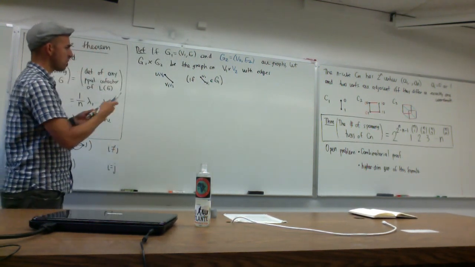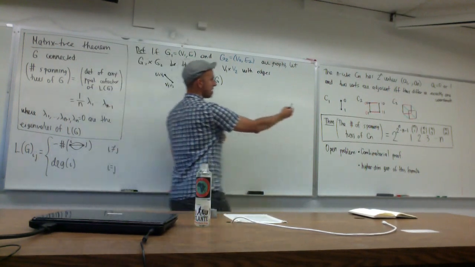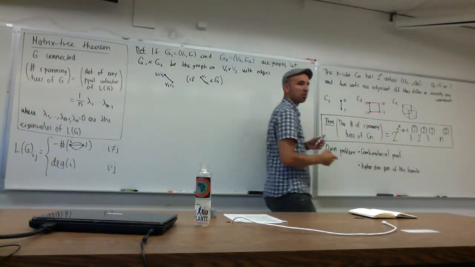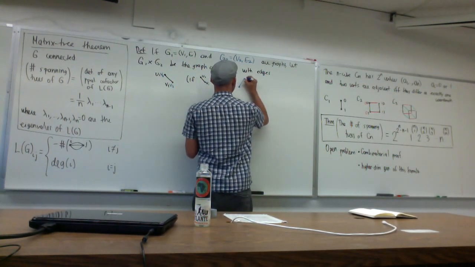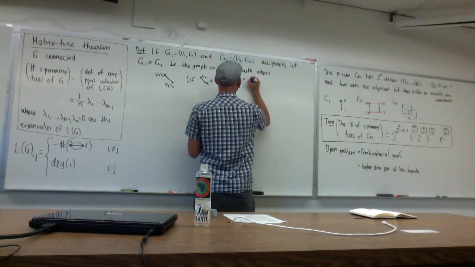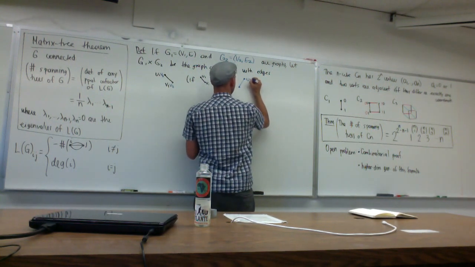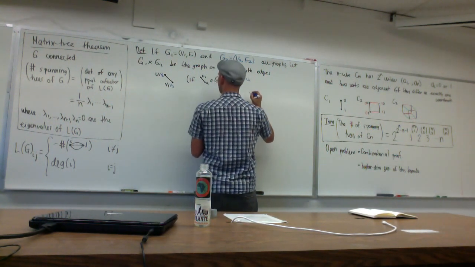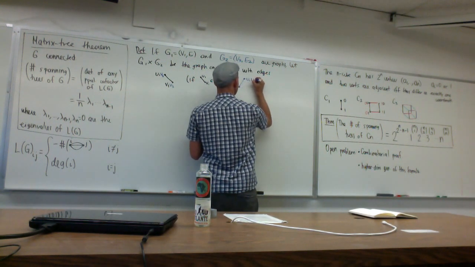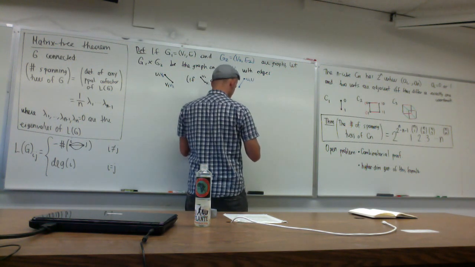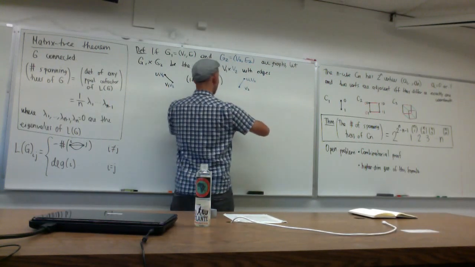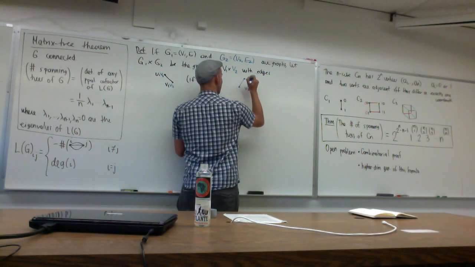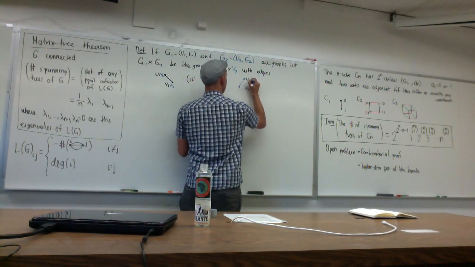And whenever I have a black edge, I get a bunch of copies of that black edge in my product. And whenever I have a blue edge, that also gives me an edge in the product.